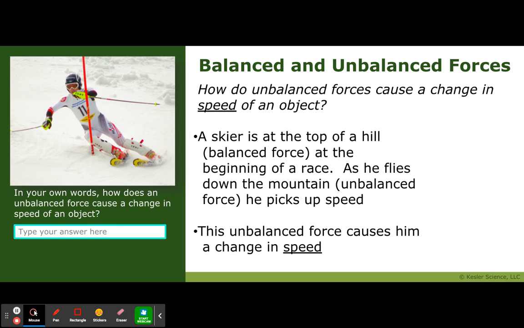In your own words, how do unbalanced forces cause a change in speed of an object? So when you have a ball in your hand and you keep it in your hand, it is balanced. But when you let it go and you dribble it, does it dribble slower or faster? Why? Put your answer in the box.